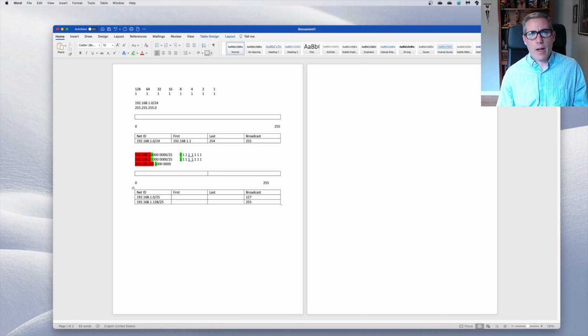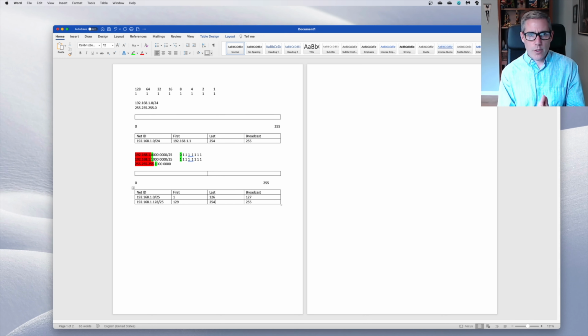So we now have our network ID and our broadcast ID. And if you remember, the first address is 1 more than the network ID. The last address is 1 less than our broadcast ID, 126. Now our first on the next network is 1 more than 128, which is 129, and our last is 1 less than 255, which is 254.